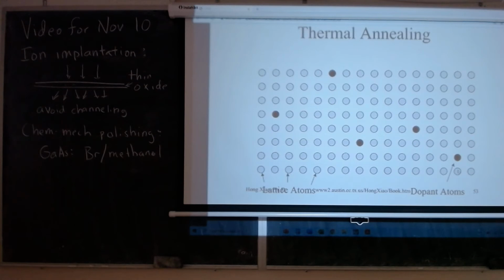I just thought that was a nice set of slides that show how this all works and how the annealing process fixes things, and also results in the implanted dopant atoms going on the crystal sites, where of course they have to be in order to act as dopant.